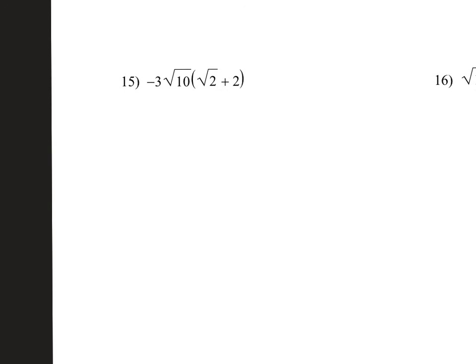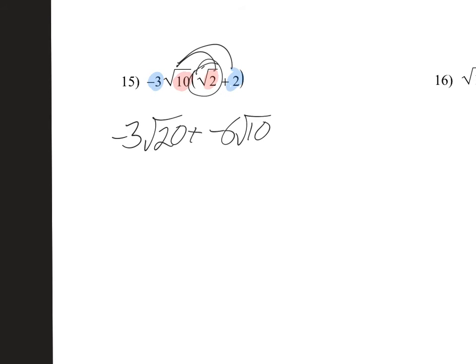The next one. Okay, so we can multiply together the things that are under the square root. So these 2 things can get multiplied together. These 2 things can get multiplied together. So looking at this very first part, negative 3 is going to stay the same because there's nothing blue right here. And then radical 20. Plus negative 3 times 2 is negative 6 radical 10.